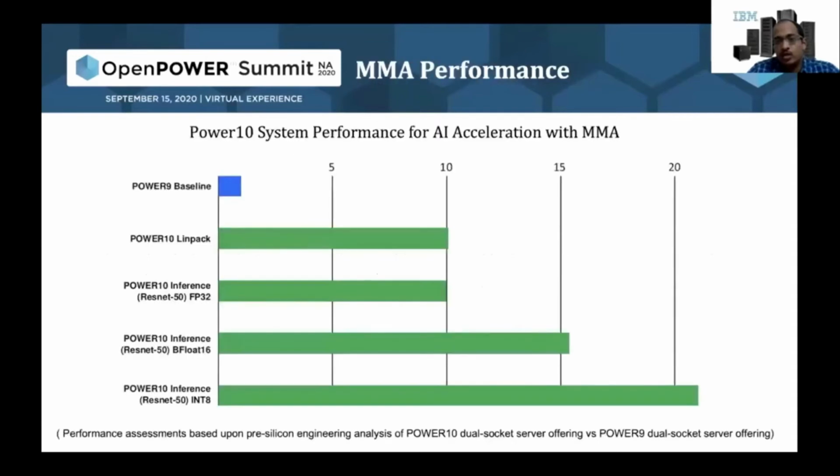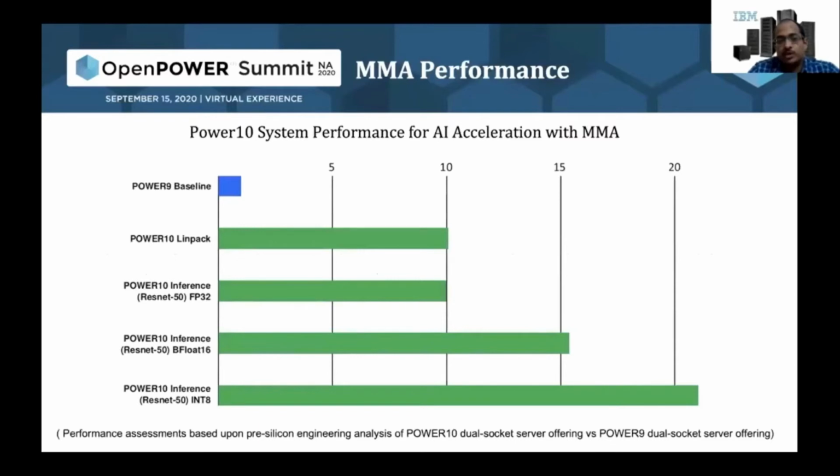Finally, looking at the performance aspect, as per our pre-silicon based lab experiments and performance assessments, Power 10 systems with MMA show significant improvements in compute and hence improved AI applications.